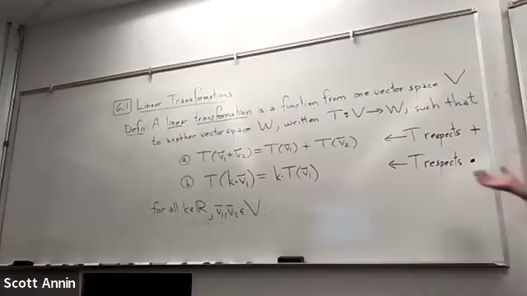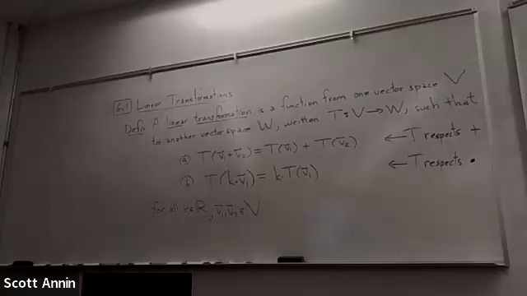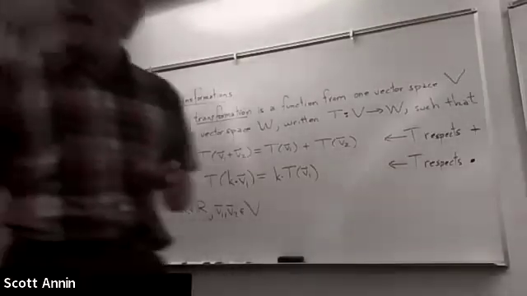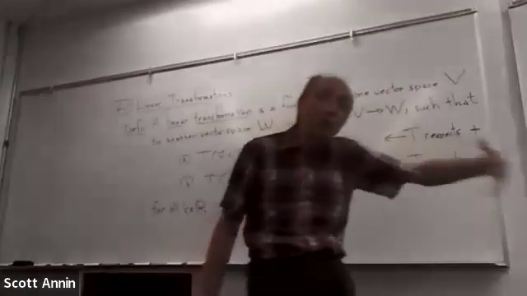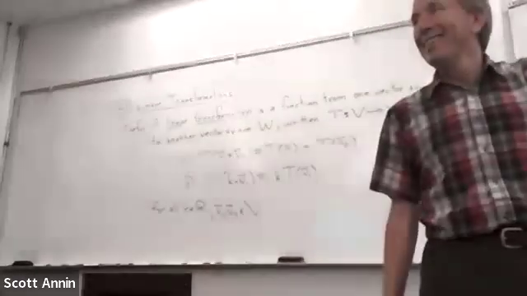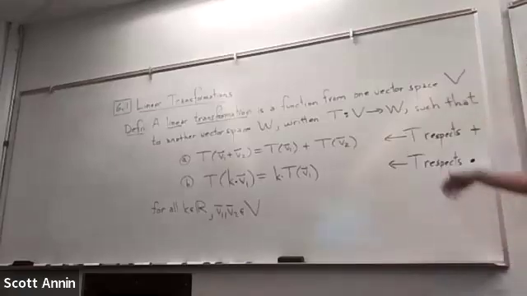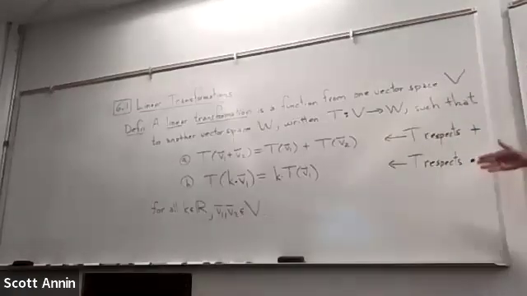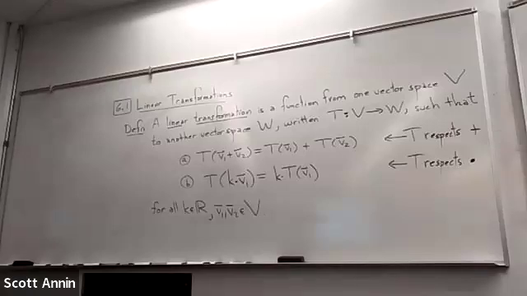This is going to remind you of back in chapter 4 when you were being asked to show if something was a subspace or not. There were two parts to that as well: closure under addition and closure under scalar multiplication. Now in this linear transformation world, what we're going to be doing quite often is checking whether T respects addition or whether it respects scalar multiplication.